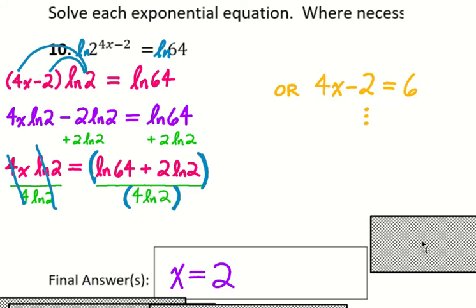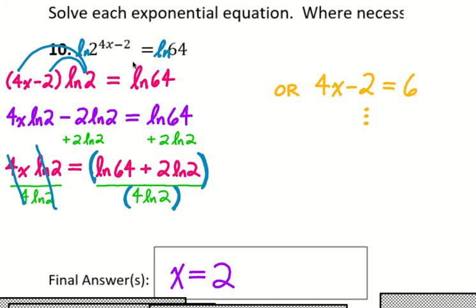You know what that means? That means you could have done something fairly clever from the get-go. I don't want to emphasize this too much because on the test, this special strategy might not even apply. All right, I'm just saying. But in certain problems, if you notice, like with the bases 2 and 64, if you see an opportunity to just go, wait a minute, 2 to the 6th power would get me equal to 64.